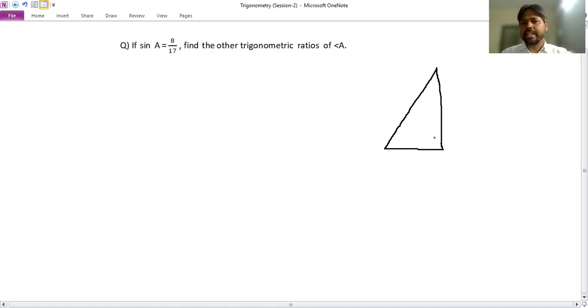From the question, we can deduce and try to solve this question with the help of a diagram. Let us first understand this.